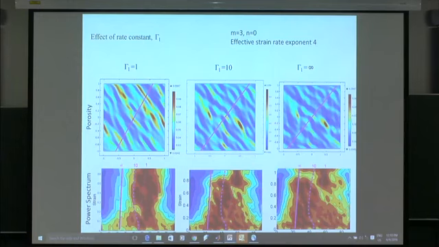It's just showing as the power moves to lower angles as you go up. So basically the faster you can adjust, so the more you move towards purely a strain rate dependent viscosity, the more you get the low angle bands. So unfortunately in these cases where it's not just behaving like a strain rate dependent viscosity, the bands tend not to be at the nice low angles.